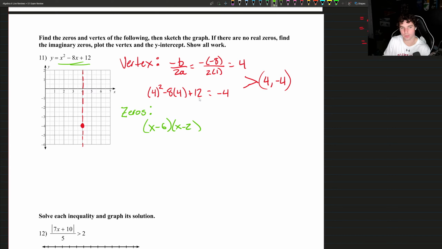And you can FOIL that out to make sure, but you should know that you're going to get x squared minus 8x plus 12. X squared minus 2x minus 6x, which is negative 8x, and then plus 12. And then we just get x equals 6 and x equals 2.